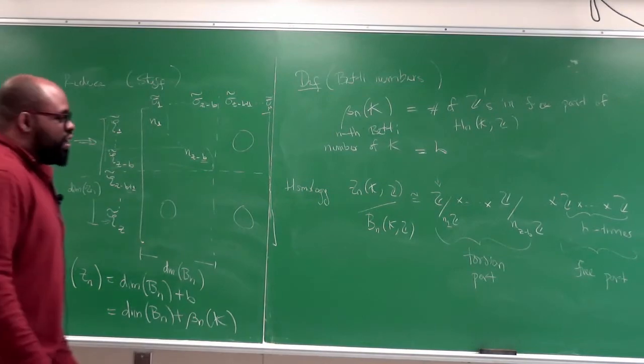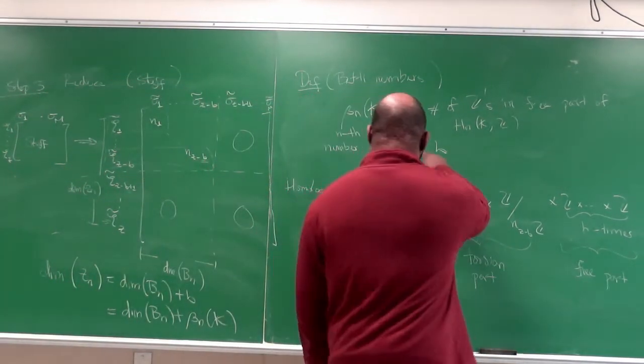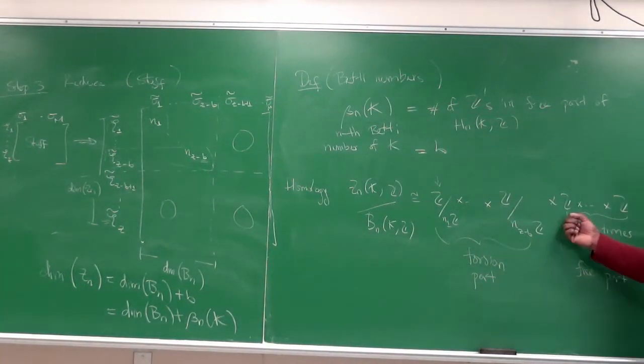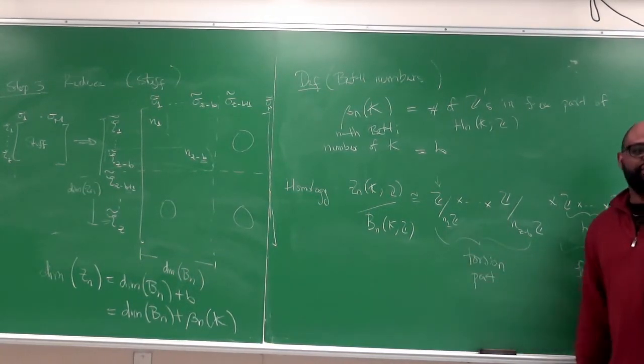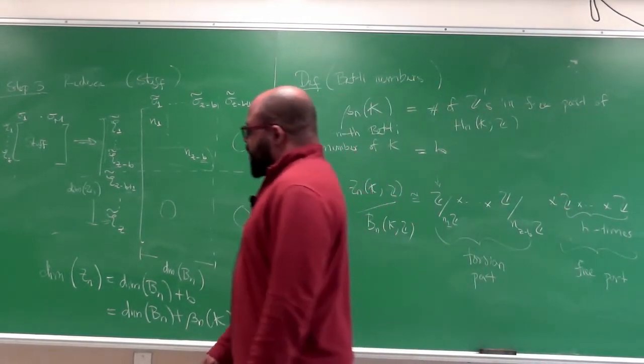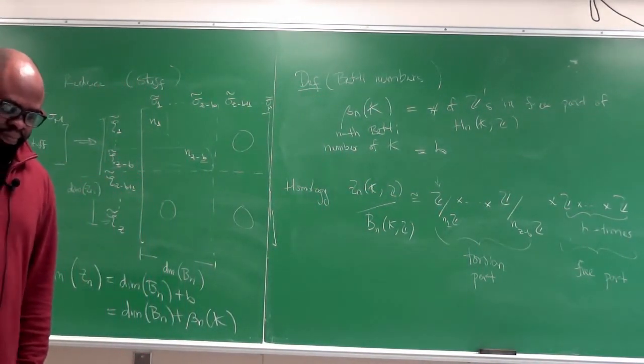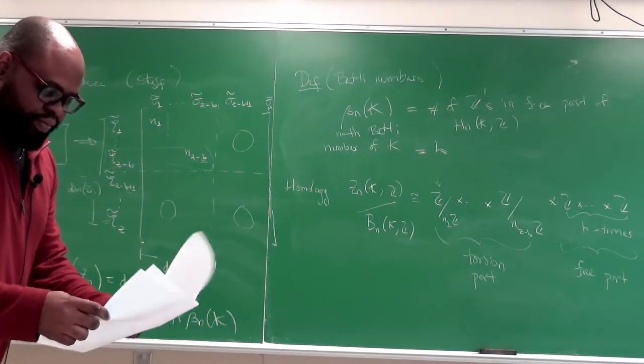Okay, so again, the way to think about the Betti numbers is the number of nice, easy, n-dimensional holes in the space. And the torsion part is the complicated part.